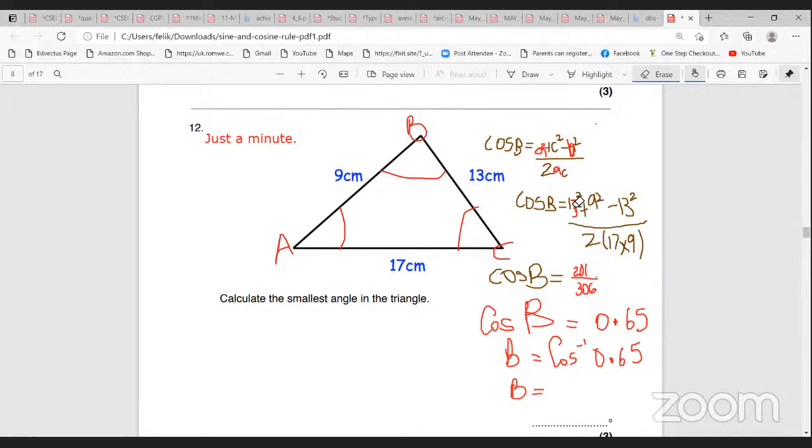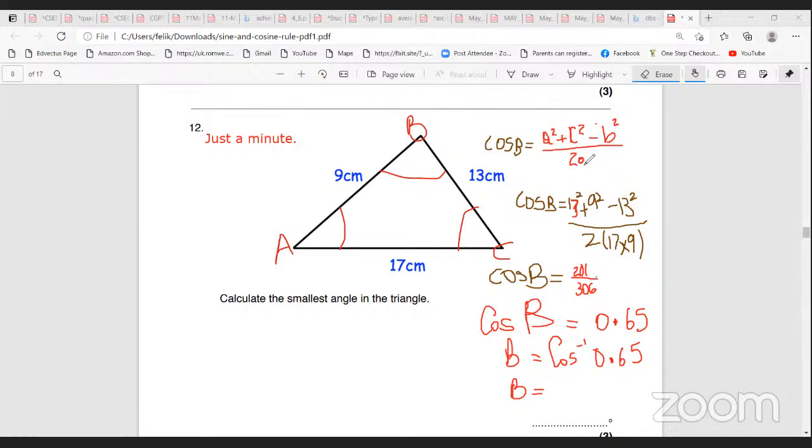So let me write this properly: a square plus c square minus b square over 2ac.